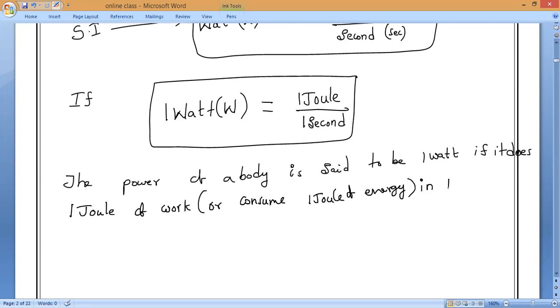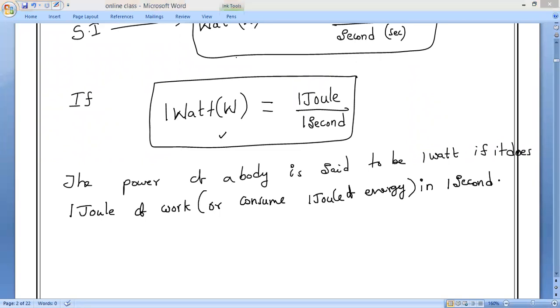In 1 second. So that is what we call 1 watt. Anybody having any doubt? You can ask me. Clear, everybody? So what is the SI unit of power? SI unit of power is watt. So watt means joule per second. That is what you can write.